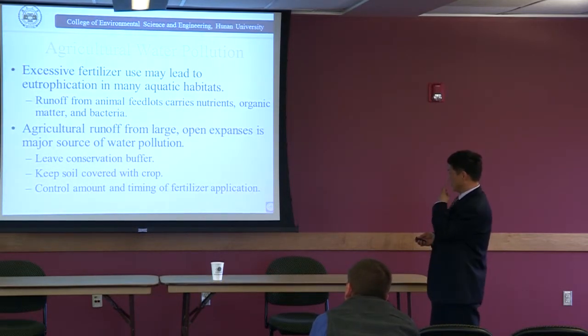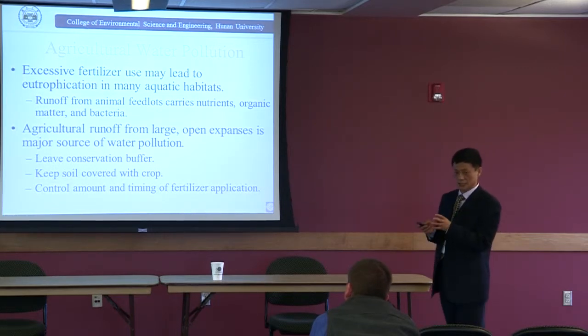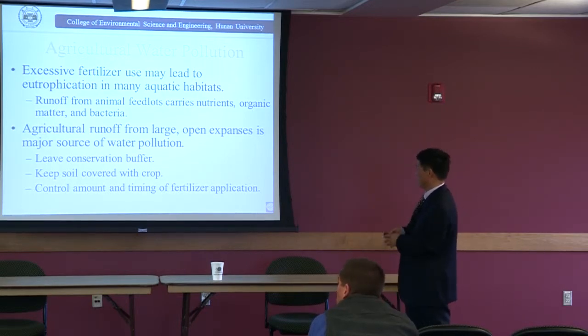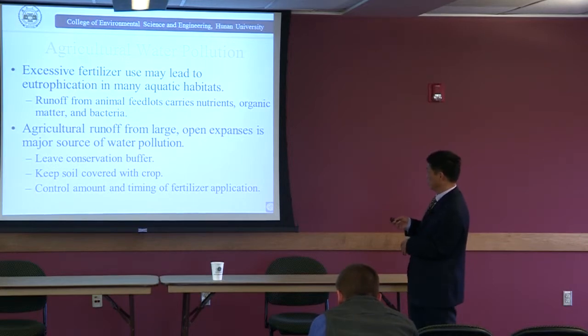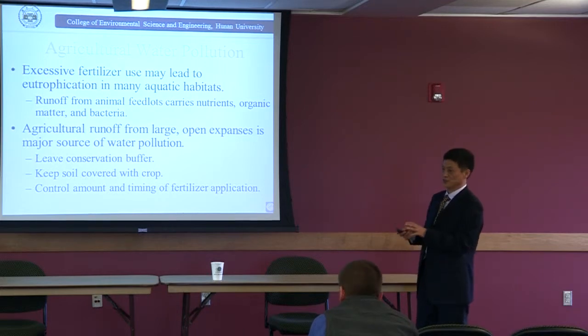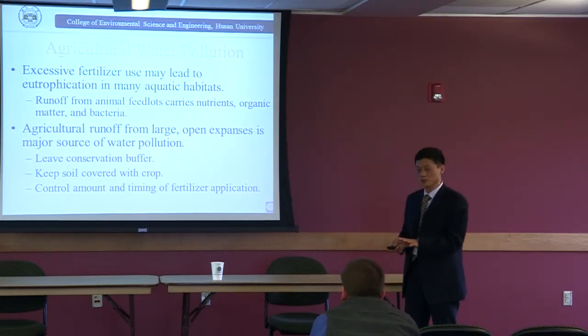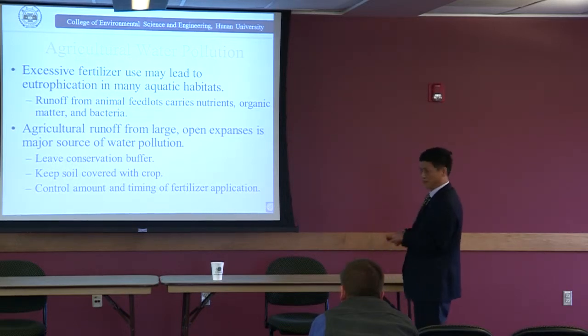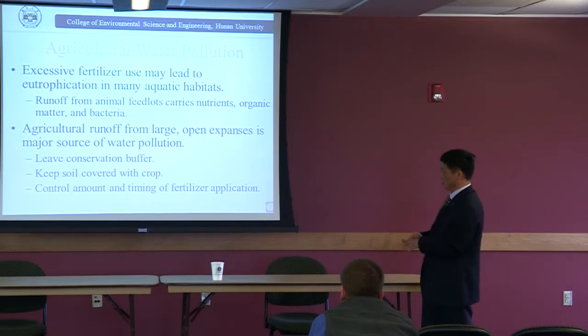Another kind is agriculture water pollution, because excessive fertilizer is used, which leads to eutrophication in many aquatic habitats. The nitrogen and phosphorus used as fertilizer are overused or abused in agriculture, and they go with the rainfall into the surface water and cause eutrophication. It's very difficult to control in China.